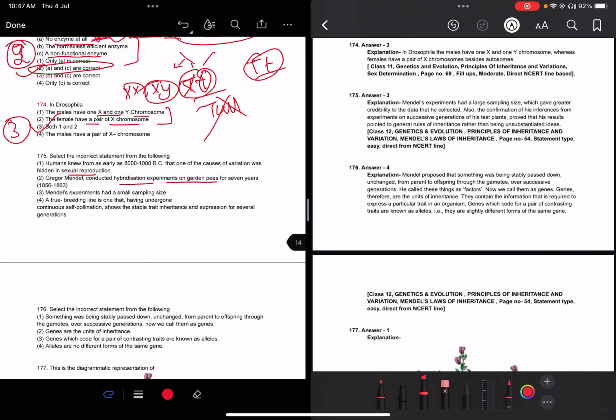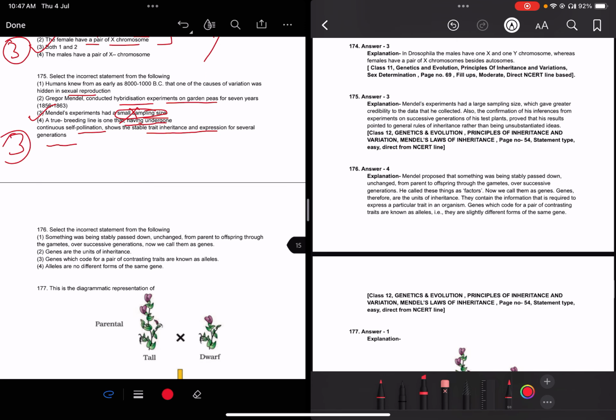Mendel's experiment has a small sampling size? A true breeding line is one that has undergone continuous self-pollination, so it shows stable trait inheritance and expression of several genes. Mendel's experiment had a small sampling size? No, it is a large sampling size. So the answer is 3 only.